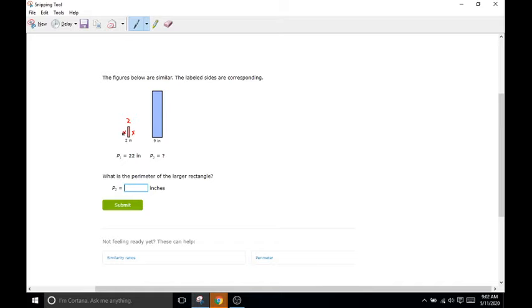So we'll make up a variable, x, and we know 2 plus x plus 2 plus x has to equal 22. Then we're going to combine like terms to get x by itself. 2 plus 2 is 4, x plus x is 2x, and then equals 22.